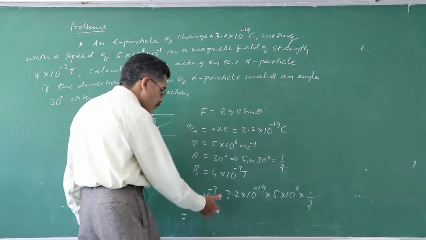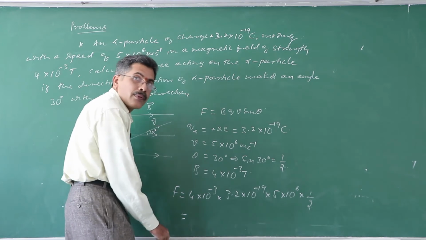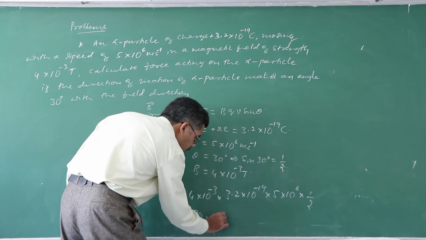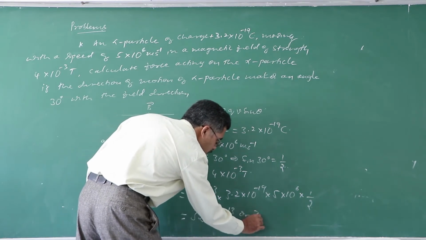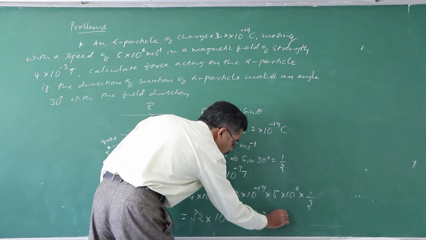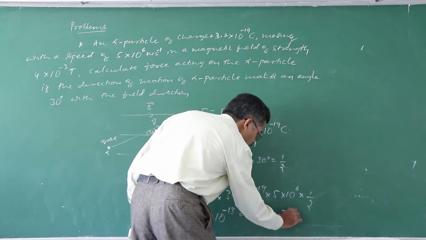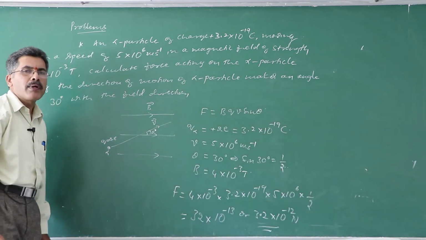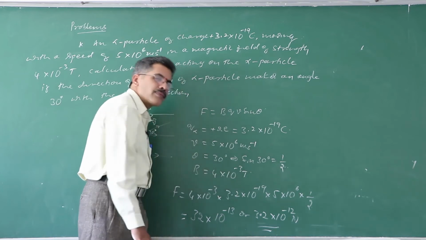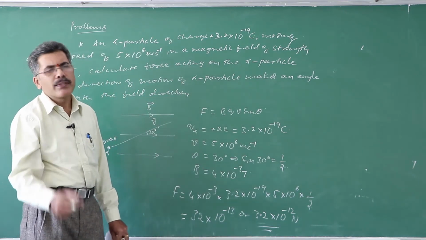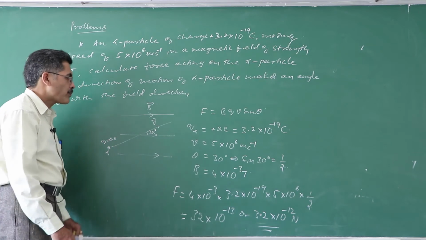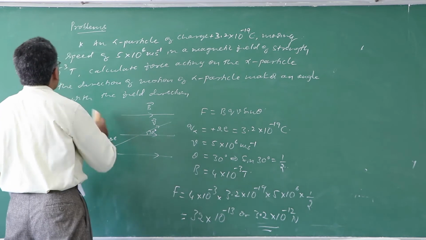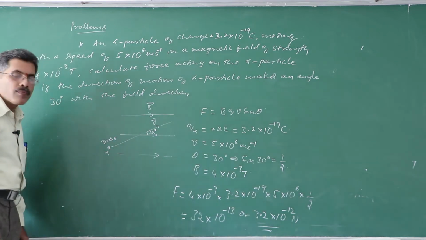This comes out to be 3.2 into 10 raised to minus 12 Newton. The force acting on the charged particle is very, very small. It is very difficult to measure the force experienced by it. Have you got it?